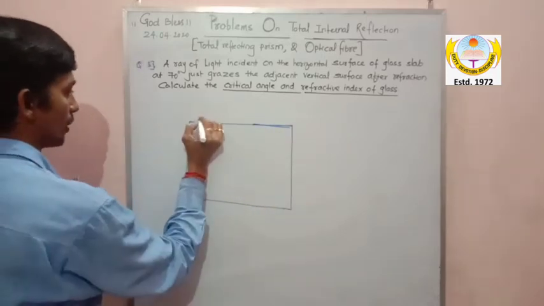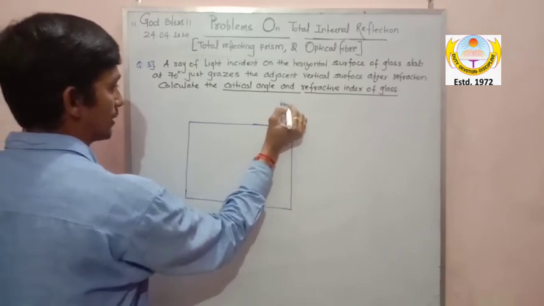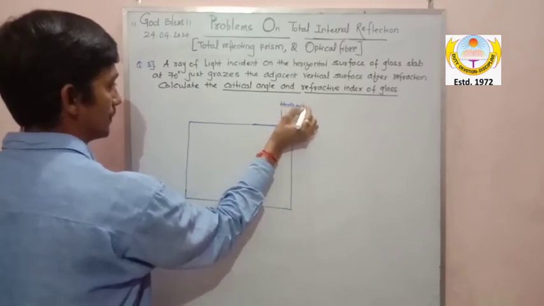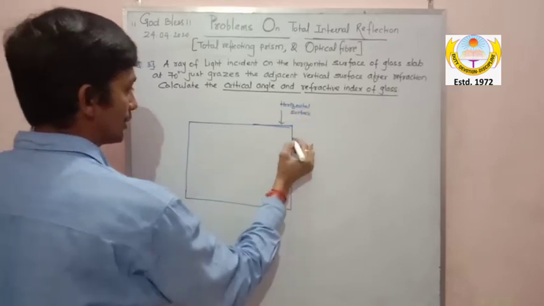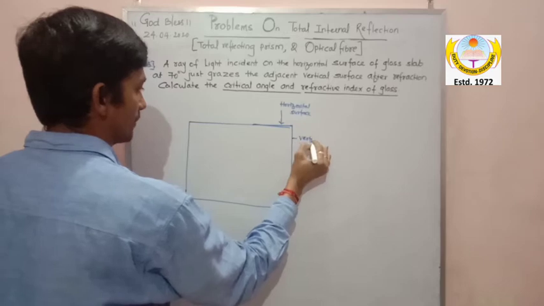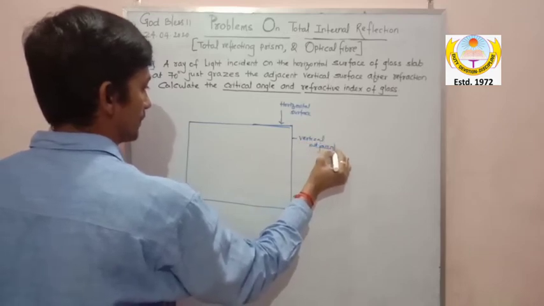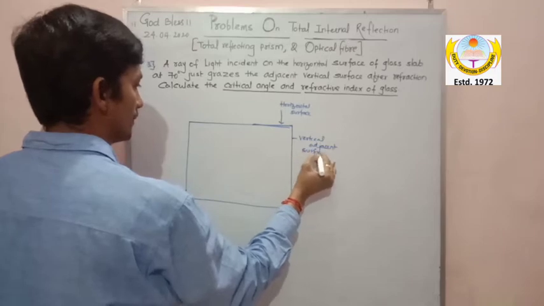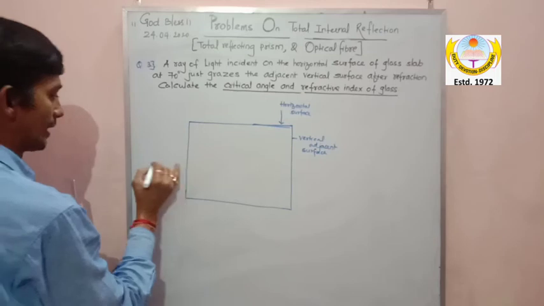And my dear, this is called the horizontal surface. Here I have taken, this is horizontal surface. And this is your vertical surface, vertical adjacent surface. Okay. So now these are the two surfaces, and this is the glass slab.